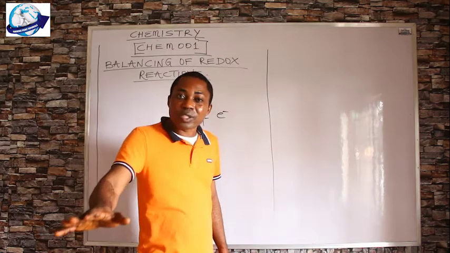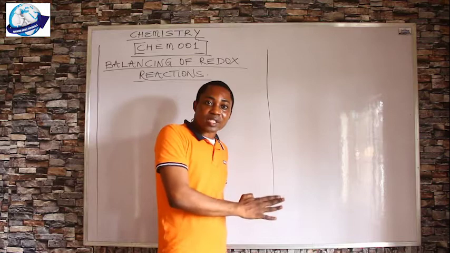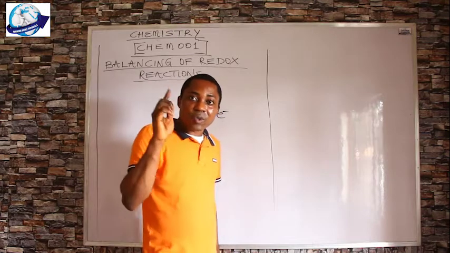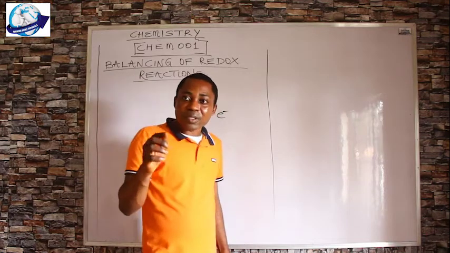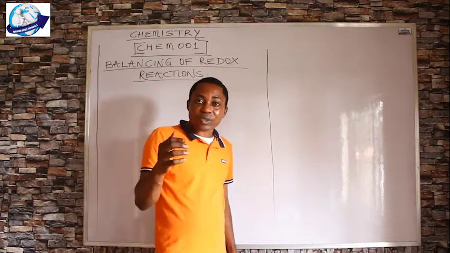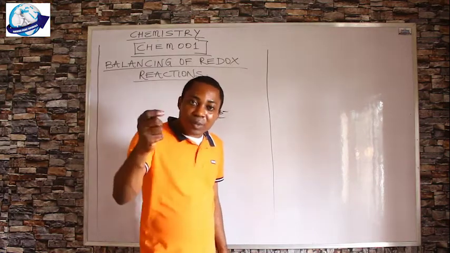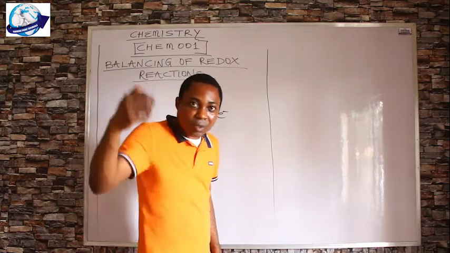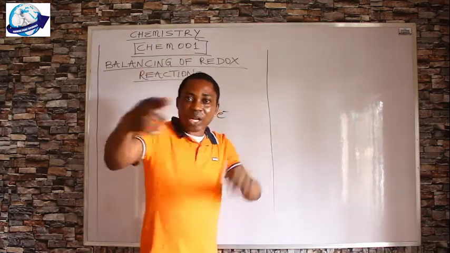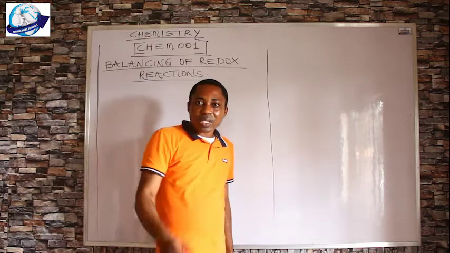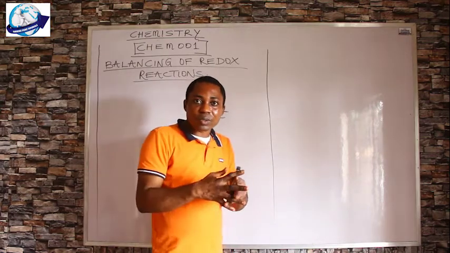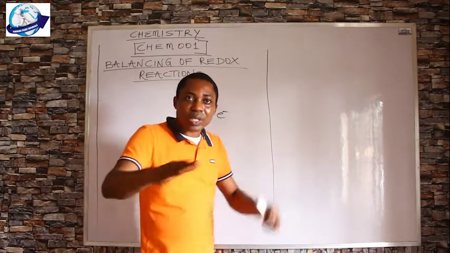When you are done with balancing in acidic medium or basic medium, then go to step 3 by multiplying each half equation with the appropriate factor to balance the number of electrons in the 2 half equations. You pick up the coefficient of the electron in both equations, interchange, and then do your multiplication. Then finally you add up the 2 equations. Then you do your cancellation where necessary.